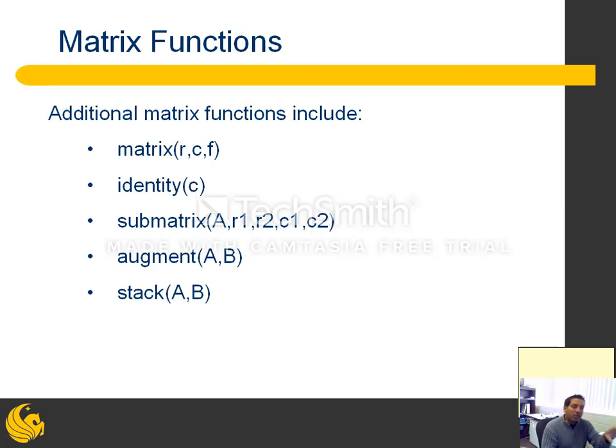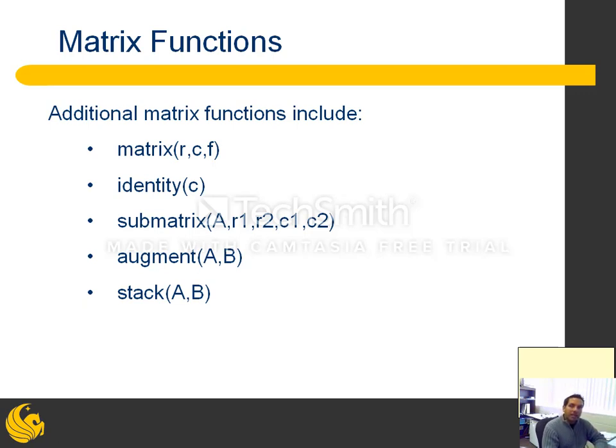I can extract a submatrix out of a matrix. If I have a matrix called A, I can extract the rows from row 1 to row 2 and the columns from column 1 to column 2, and I can extract a submatrix, rectangular or square, out of a matrix.